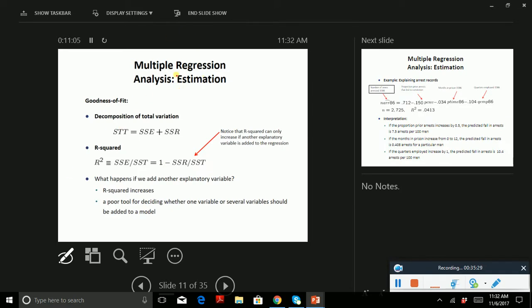And multiple regression analysis is also similar to the simple regression, where the sum of squares, this should be SST, not STT, right? So correct it in your slides. So sum of squares total should be equal to sum of squares explained plus sum of squares residual, right?